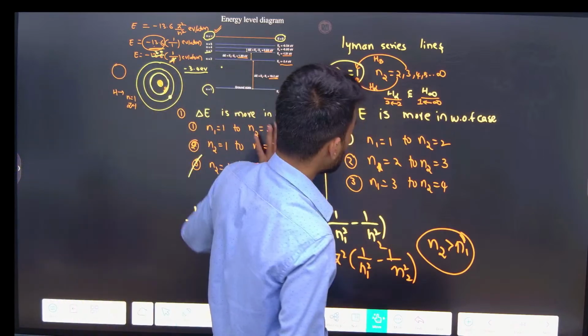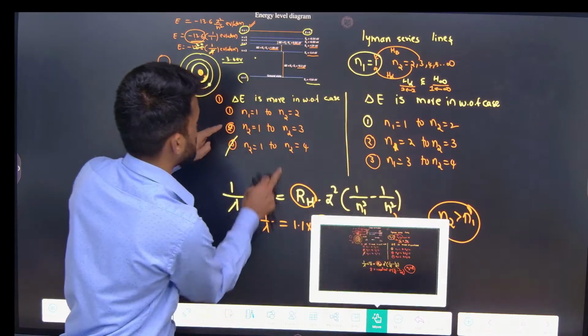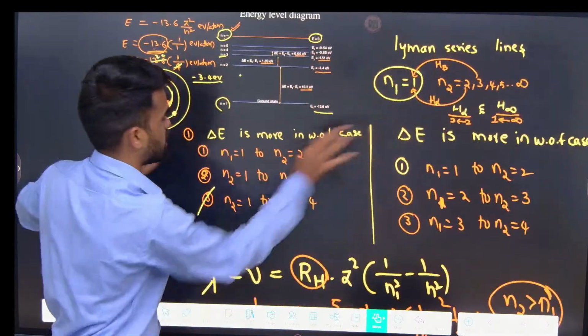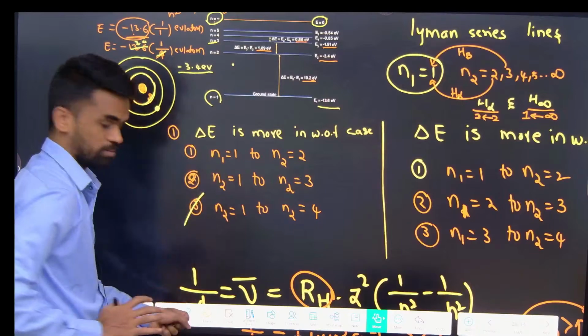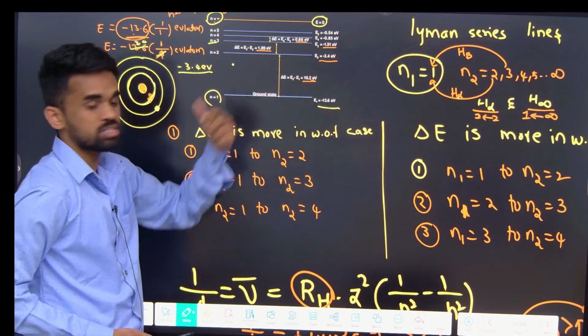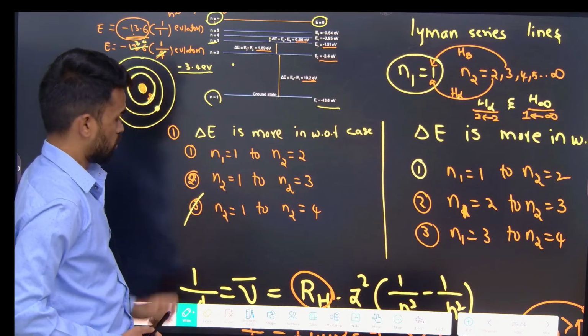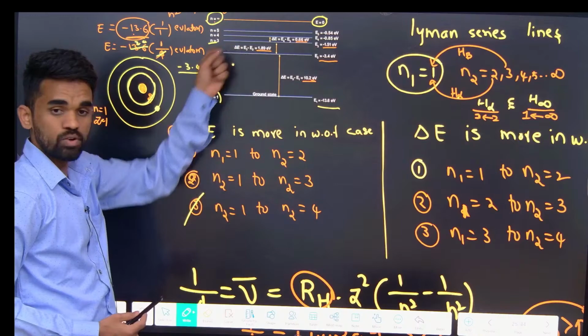Next, let us see the first question. Forgetting the second one now, I am taking the first question. Energy difference is more in which case? 1 to 4, which means 4 to 1.